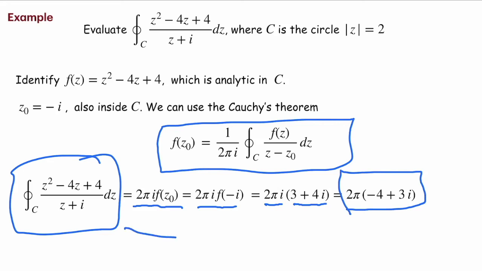So the value of this integral over the contour mod z is equal to 2 is 2 pi into minus 4 plus 3i. So this is how it is useful, not just to evaluate the value of the function, but also to evaluate the integral, because we can easily compute the value of the function at any point.